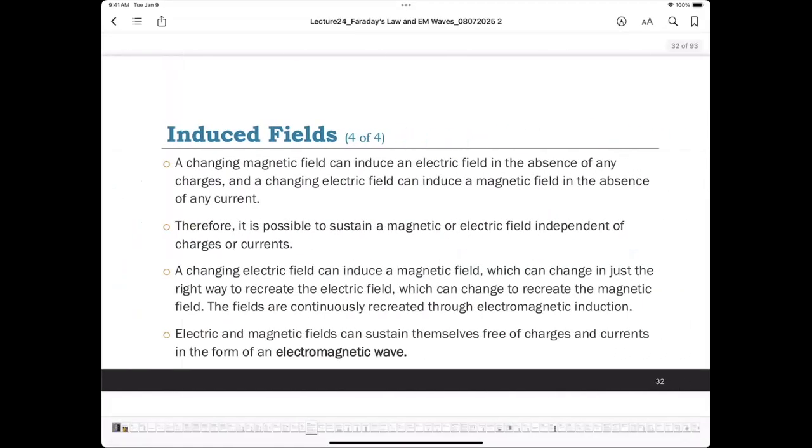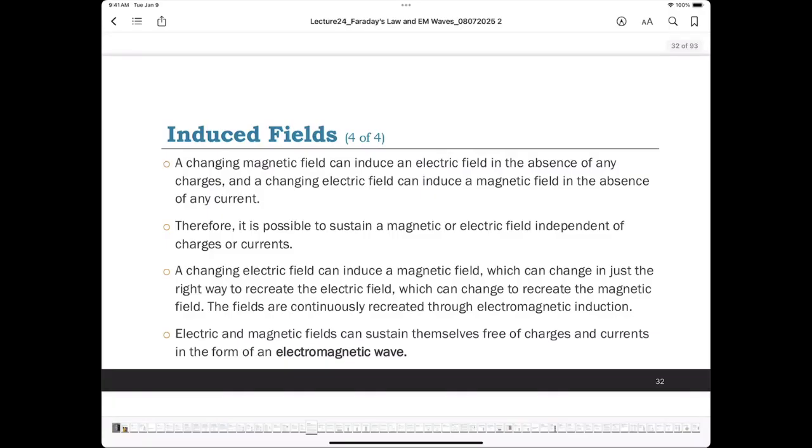A changing magnetic field can induce an electric field in the absence of any charges, and a changing electric field can induce a magnetic field in the absence of any current. Therefore, it is possible to sustain a magnetic or electric field independent of charges or currents.